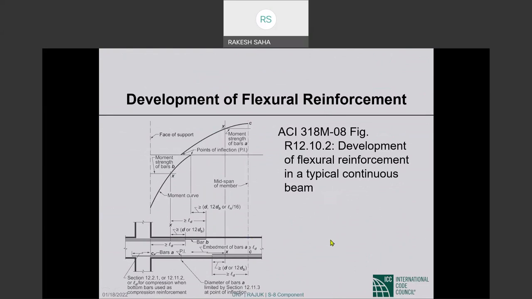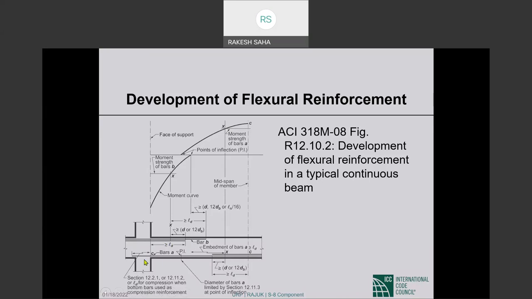Okay. This picture out of the ACI 318 commentary is a good one, and let me try not to point everything out, but let me talk about a few things. At the support section there are those bars, the bars B and the additional bars. They don't have to be in two different layers.